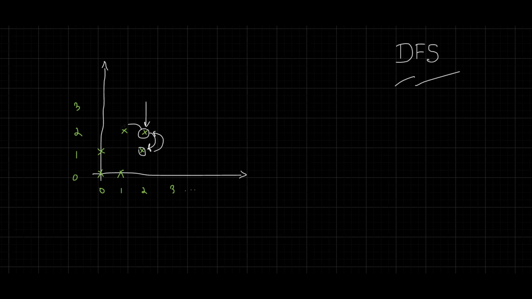Now for this we can mark it also visited because these are in the same row. Now from this we can go to this and mark it visited. From this we can go to this, mark it visited, and from this we can go to this and mark it visited.